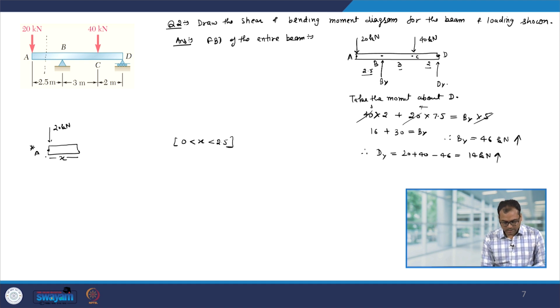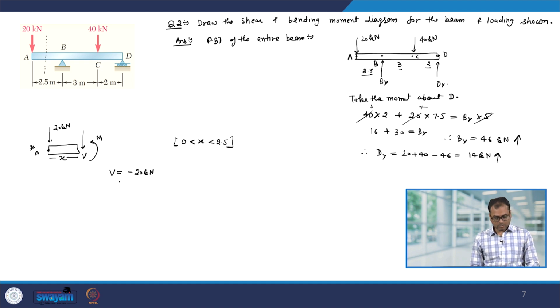Let us say this distance is x, and over here there will be a shear force V and the bending moment M. From this free body diagram you can see that V comes out to be minus 20 kilonewton. So, that means I have to change the direction, and also M is minus 20 into x.